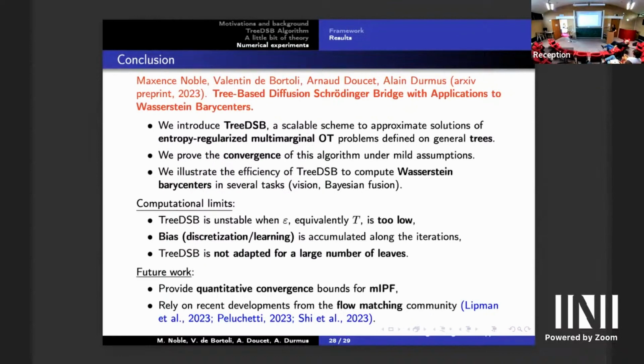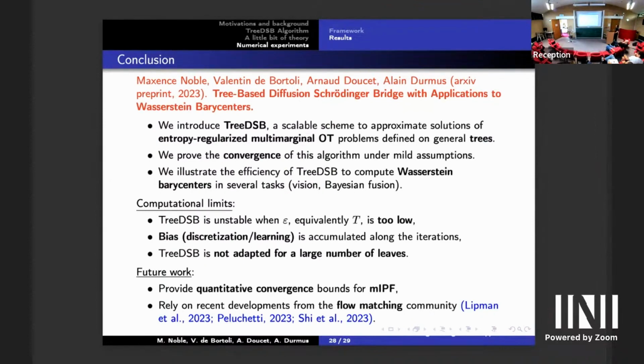Of course, we cannot do something else, but you have too many neural networks if you want to compute a barycenter for, let's say, 5 data sets. So it's good if you have large data sets with plenty of information, so that neural networks will be useful, but not so much. Like 3 is good. And so the idea in the future would be to provide quantitative convergence.